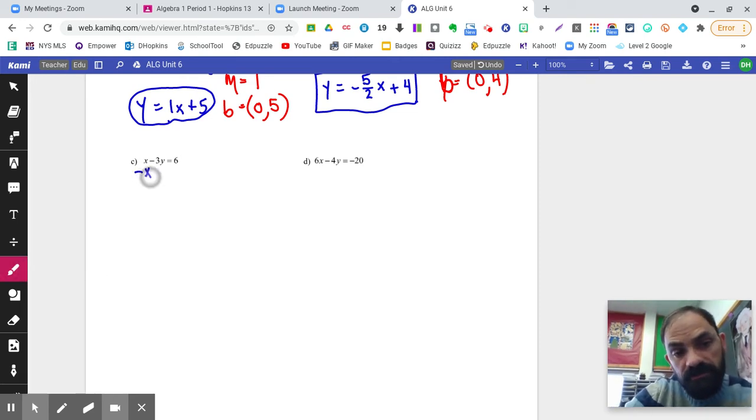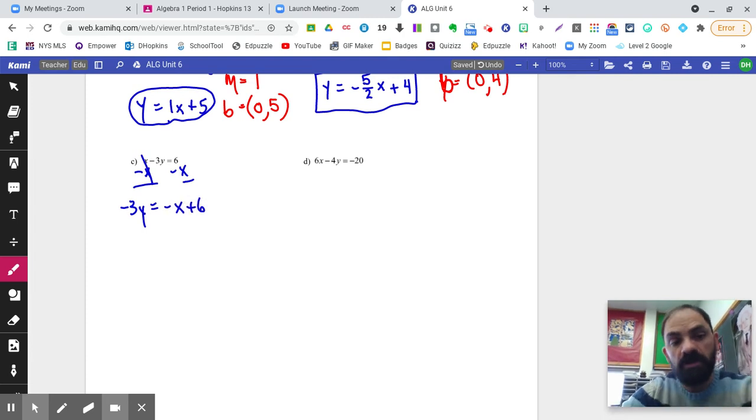Subtract x. Notice how I wrote this? I put the negative x first, and that's a positive 6. I brought it down. And to get y by itself, divide by -3.